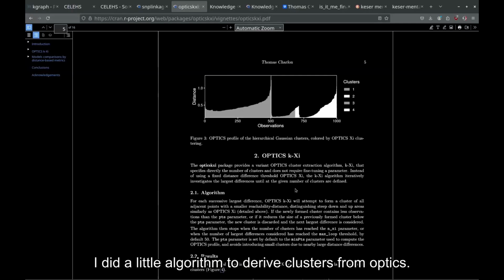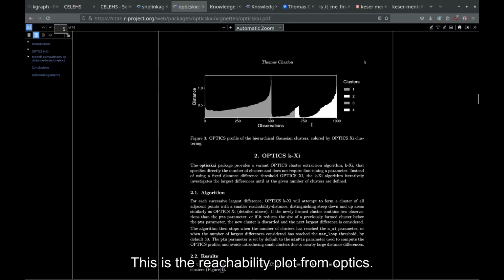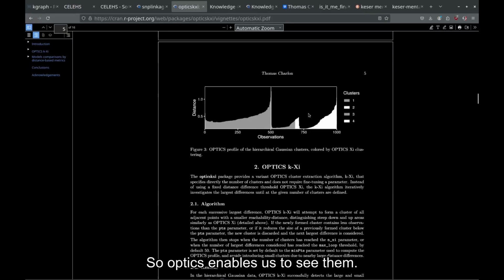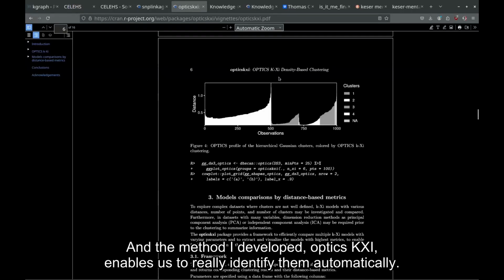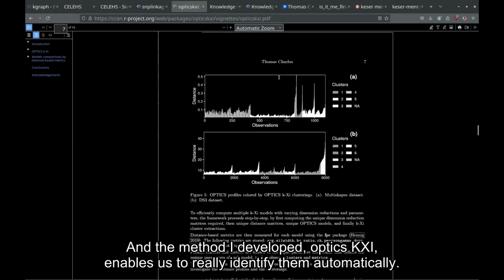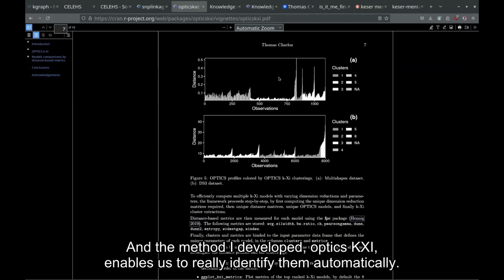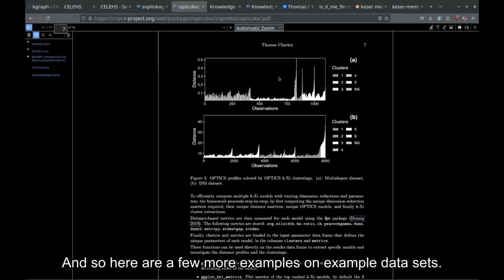I made a little algorithm to derive clusters from OPTICS. This is the reachability plot from OPTICS. On the left side, we have the left cluster, on the right side, the right cluster, and these two valleys are the inner clusters. So OPTICS enables us to see them, and the method I developed, OPTICS-K-Xi, enables us to really identify them automatically.